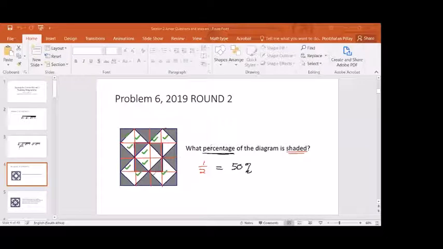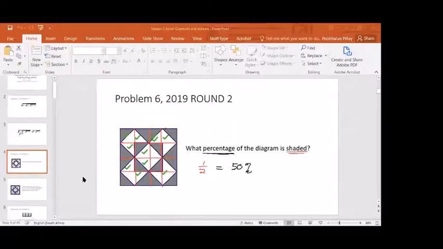Always read the question and go back and answer it. A lot of people get things wrong because they don't read the question. They come to almost the solution, but just because they didn't read the question, they get it wrong. So let's look at the next problem.